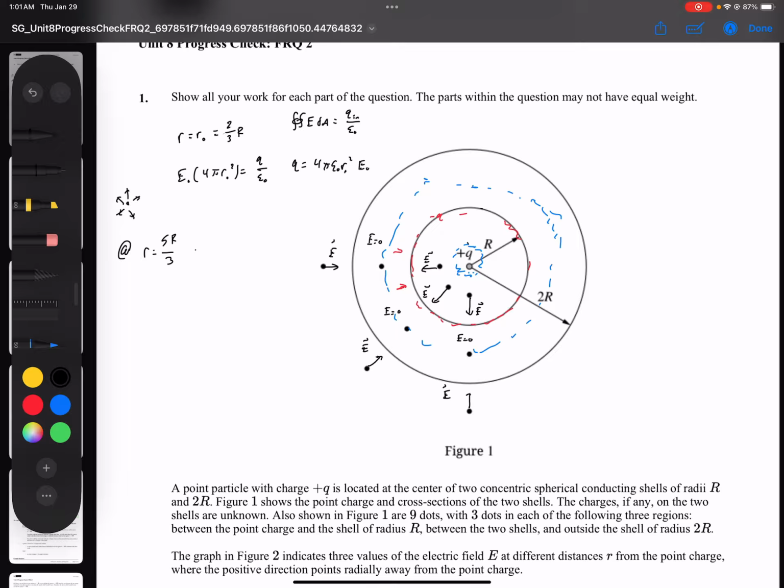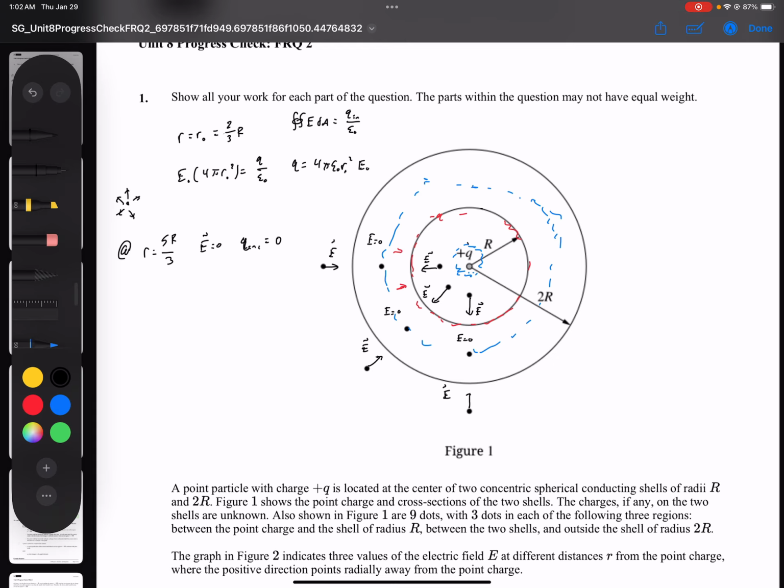All right, so again, we're deriving an expression. So as R increases, well, I know that the charge inside at R equals 5R over 3. We know the electric field strength has to be 0. Okay, so that means that the enclosed charge has to be equal to 0.